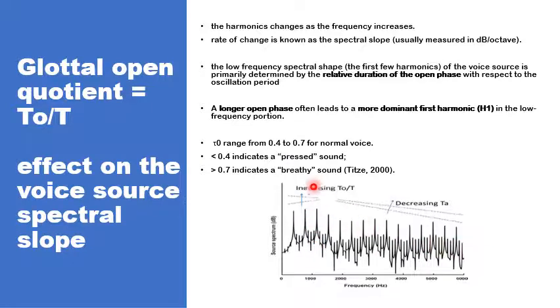The lower harmonics here, the lower frequencies, are affected by the increase in the glottal open quotient. If you have a high glottal open quotient, like more than 0.7, then you would get a higher dominant first harmonic and a breathy and weak voice.